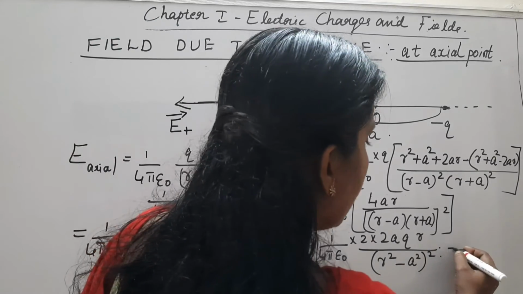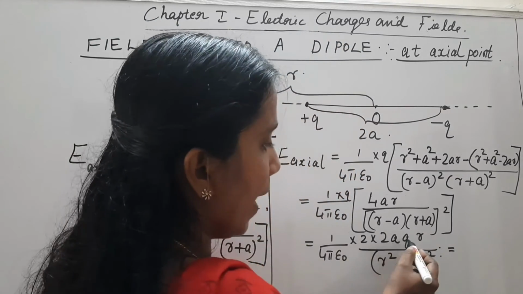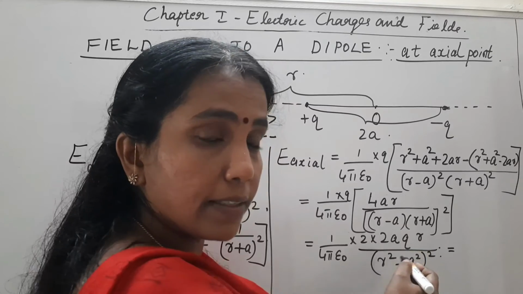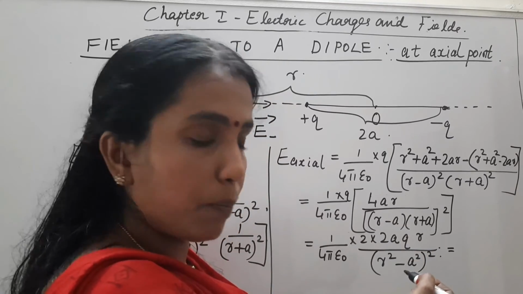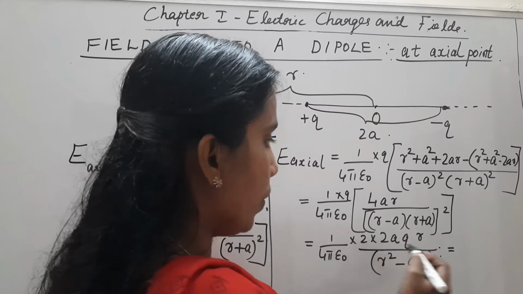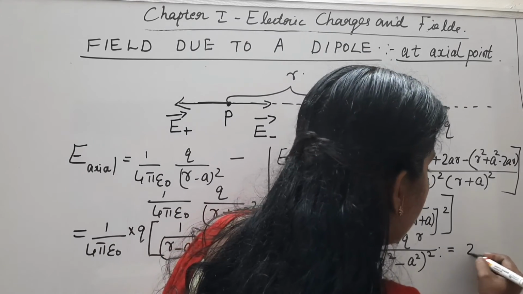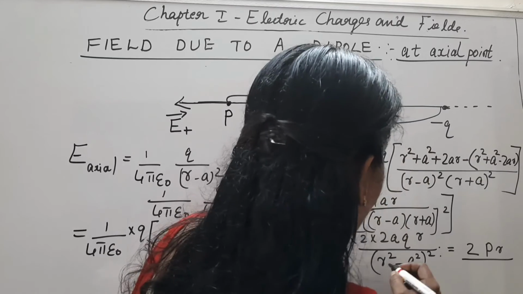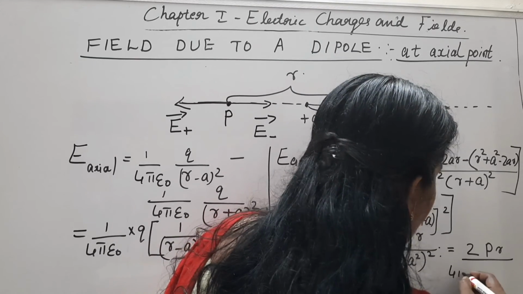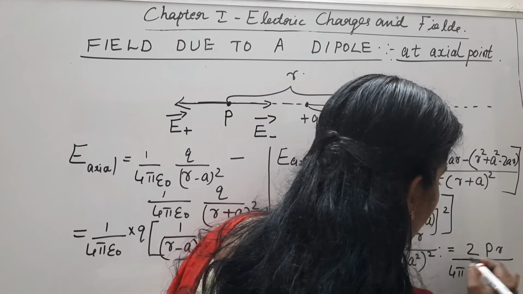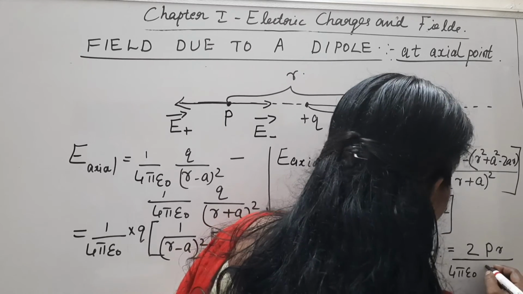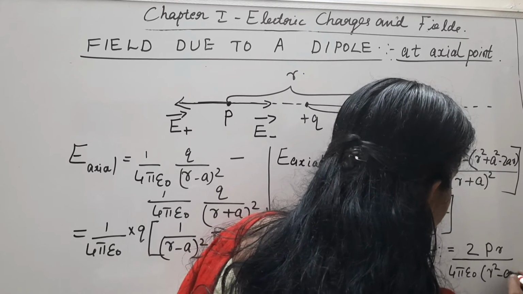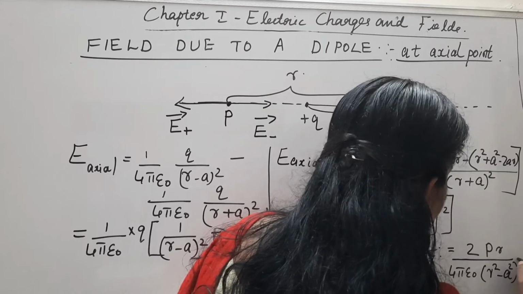Now again we can simplify here, because 2aq is nothing but the magnitude of the dipole moment. So we can write this expression as 2pr divided by 4 pi epsilon 0 into (r square minus a square) whole square.